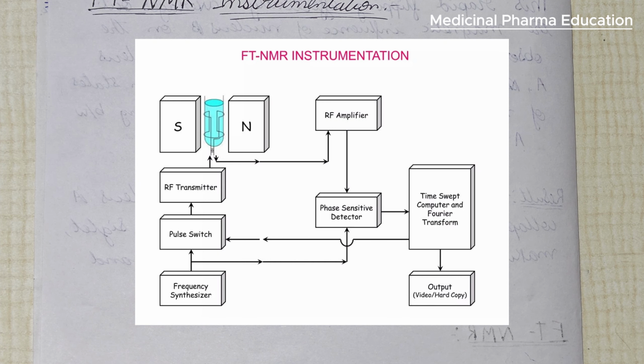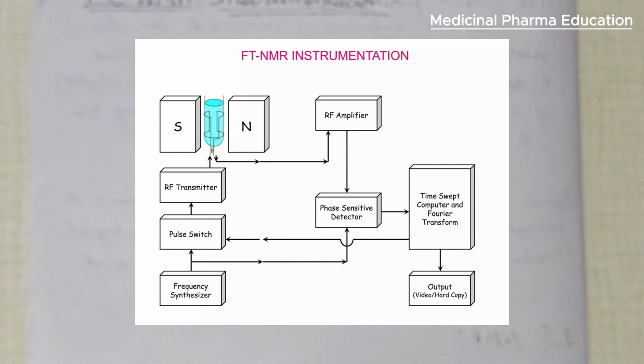It sends them into the phase sensitive detector where it amplifies, and this is the time domain data, the complex or raw data, which is sent into the time sweep computer and Fourier transform, where it is converted into processed data or frequency domain. By this frequency domain we can understand the compound.